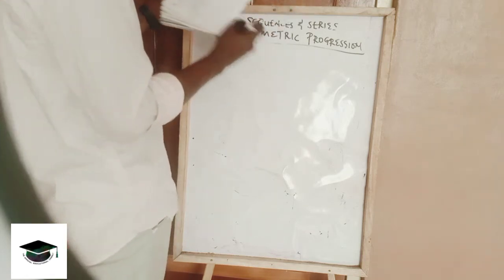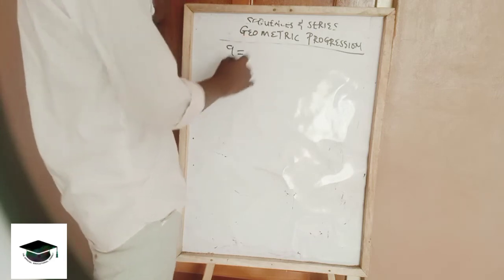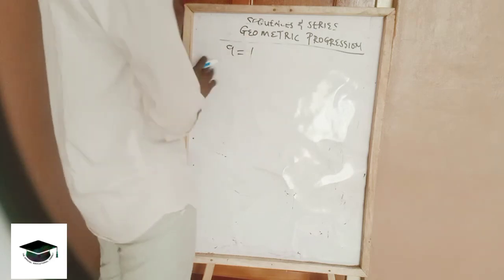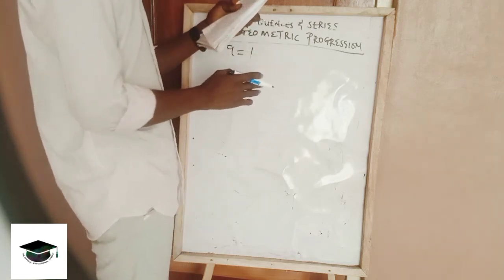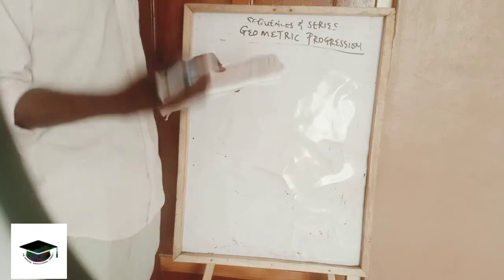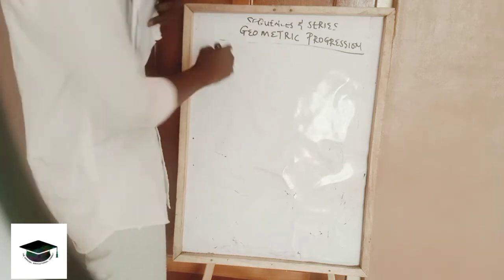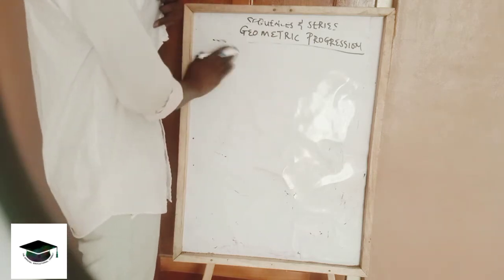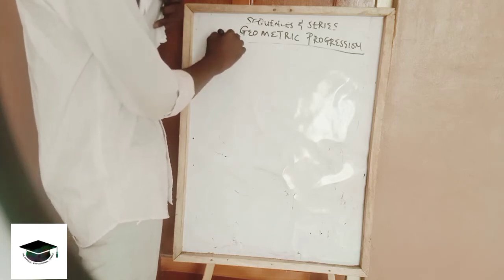For example, you have been given a first term of 1. Sorry, the question in this textbook is not correct. It says what's the first term after they've given the first term. So the question is actually saying, find the nth term.